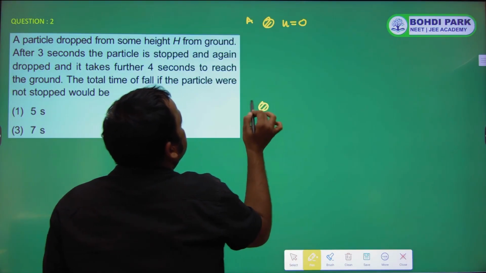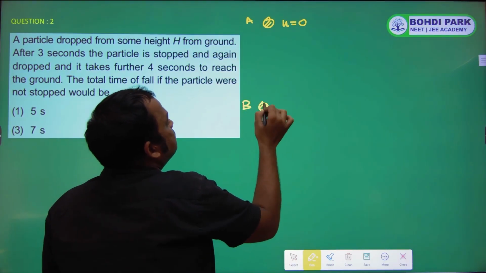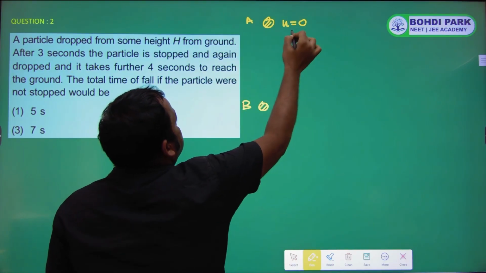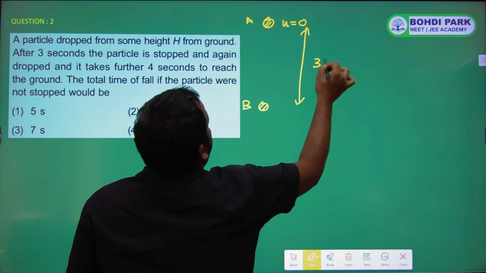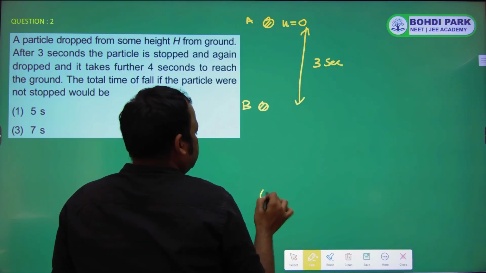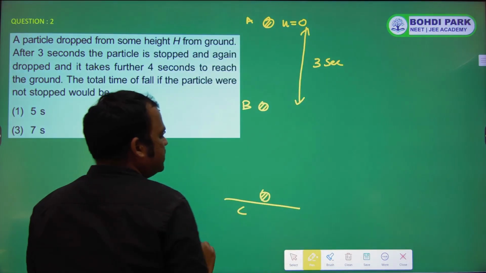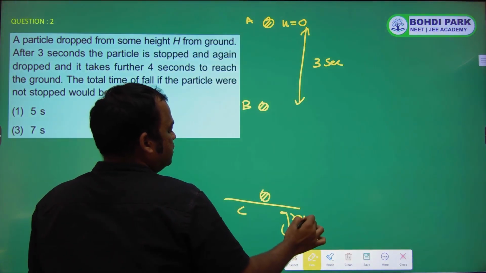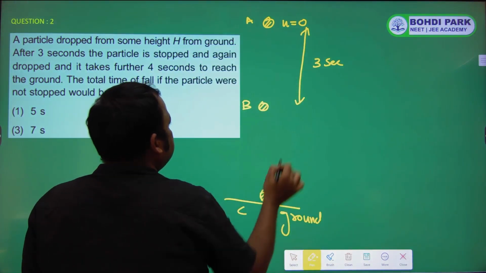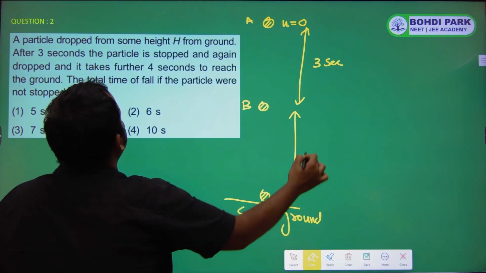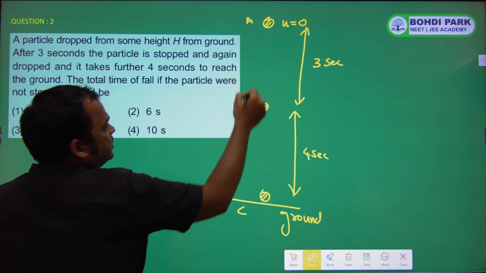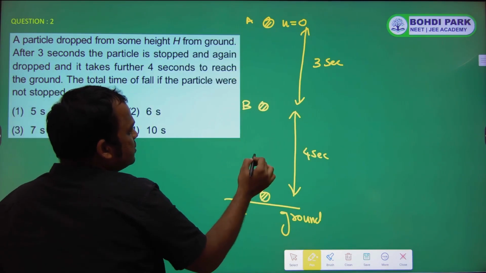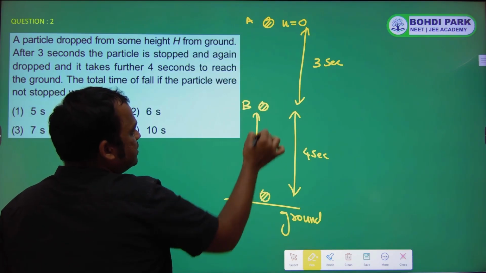Then again it is stopped at point B. So time taken is 3 seconds. And on the ground, suppose this point is C. So B to C it is taking 4 seconds. And the total height is h. So suppose B to C is x.